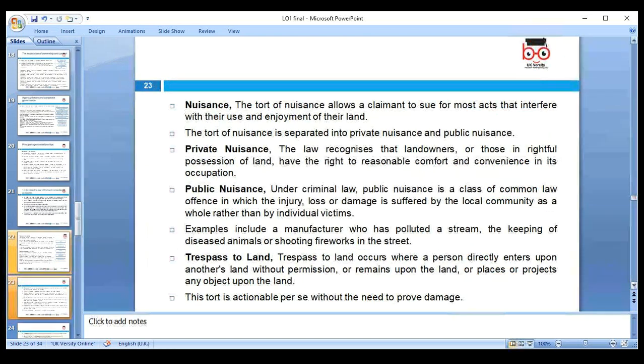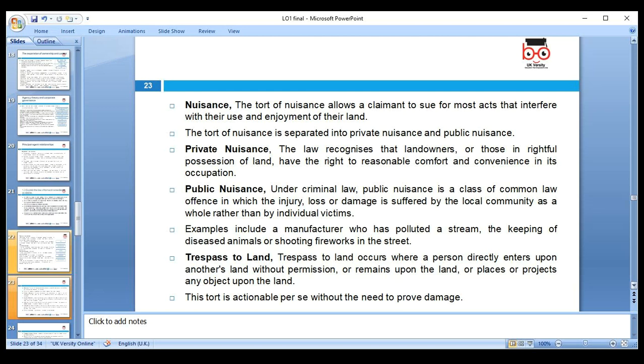Okay, then we have nuisance. The tort of nuisance allows the claimant to sue for acts that interfere with their use and enjoyment of their land, the private nuisance, yes, like noise and things like that.